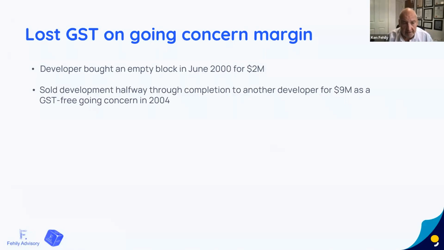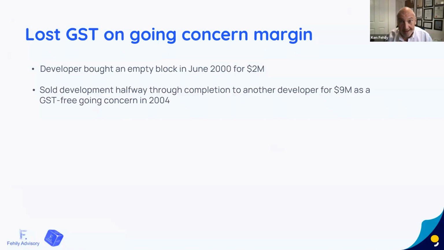Started developing, say I'm the developer, and I sold the development halfway through to another developer for $9 million as a GST-free going concern. A margin of $7 million. But it was GST-free as a going concern. No GST got collected on that margin.